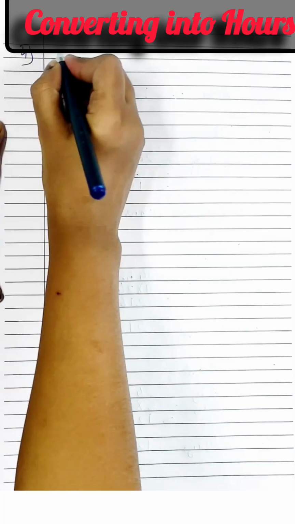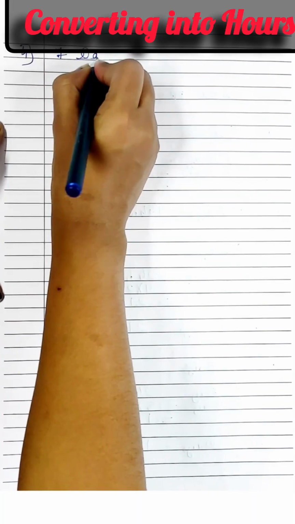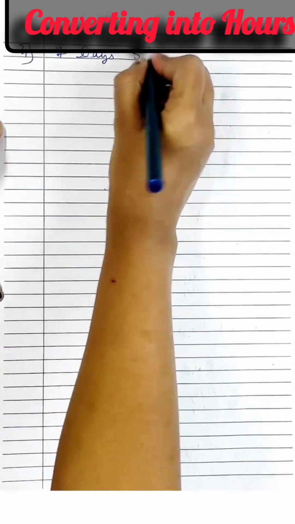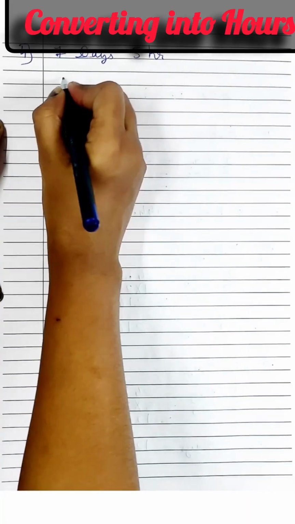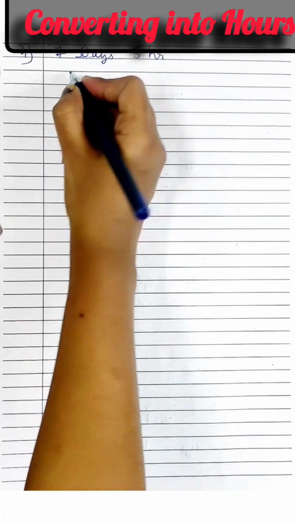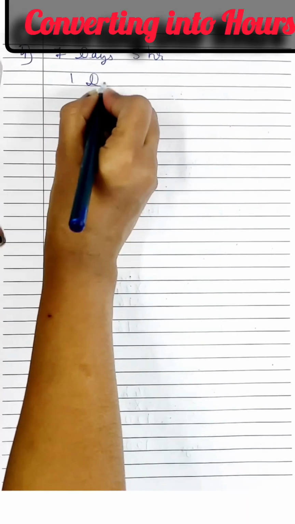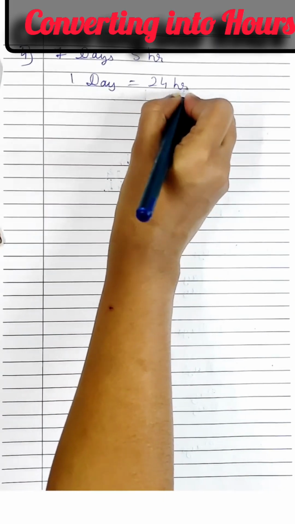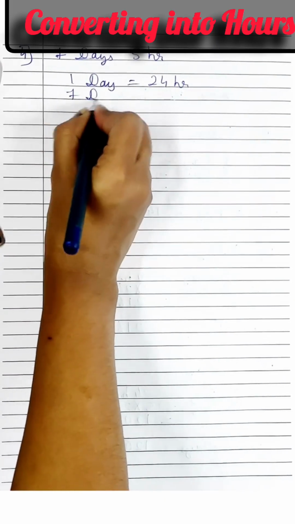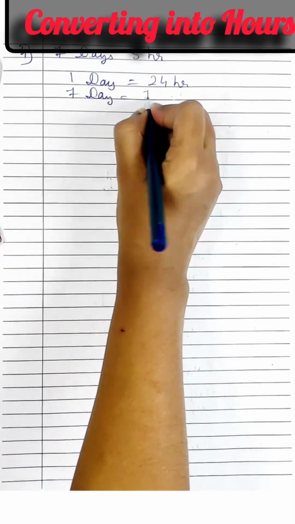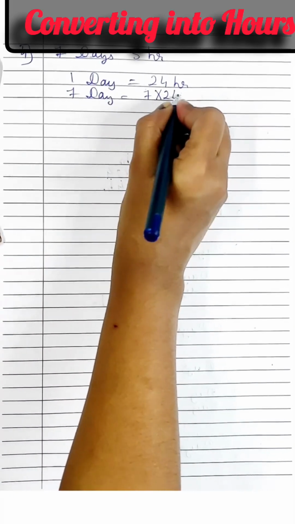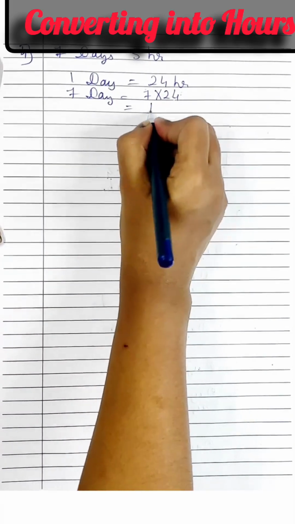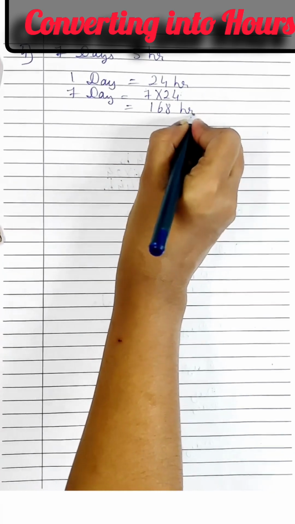Fourth sum. 7 days, 5 hours. First convert your days into hours. We know that one day has 24 hours. So 7 days is equal to 7 multiplied by 24, which will give you 168 hours.